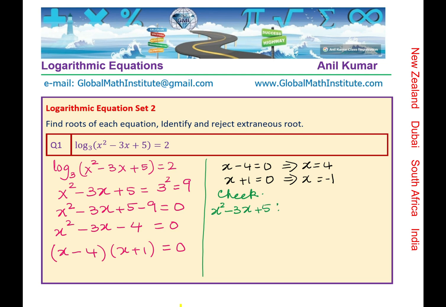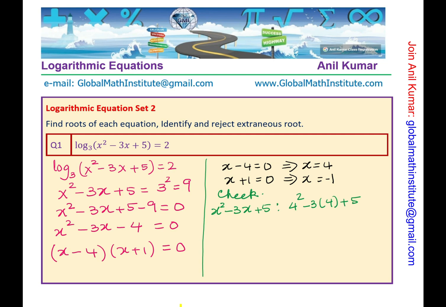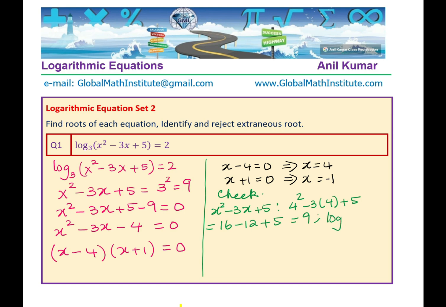If I substitute 4, I get 4 squared minus 3 times 4 plus 5, which is 16 minus 12 plus 5, and that is 9. And log base 3 of 9 is equal to 2. So this part is correct.